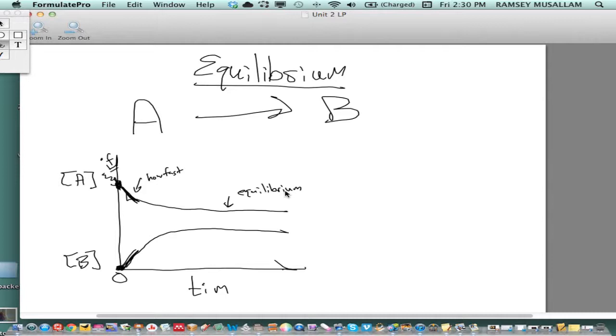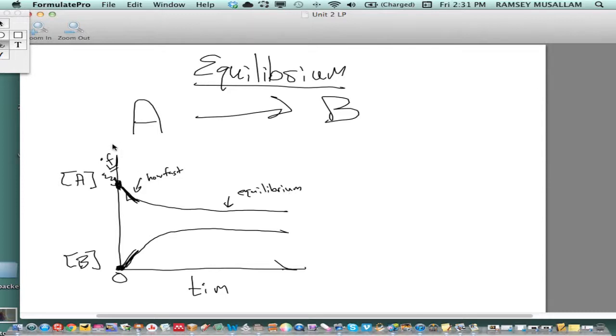They balance out, but do their concentrations become the same? No, they just, over time, what happens to their concentration? It stays the same. Over time, the concentration stays the same. Doesn't mean the reaction is not happening, but it means this.